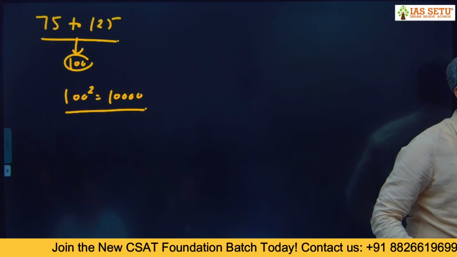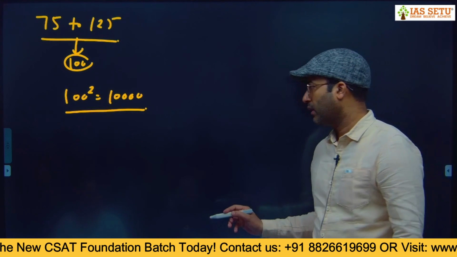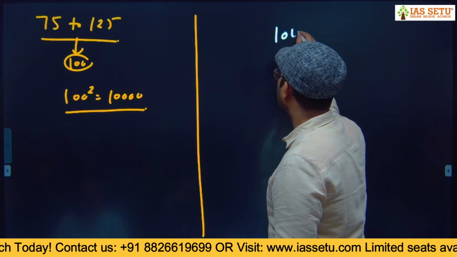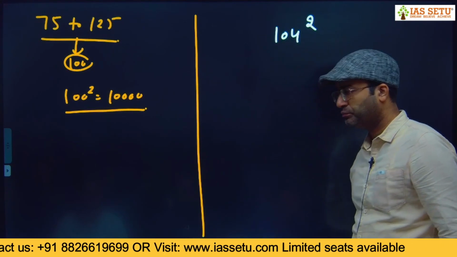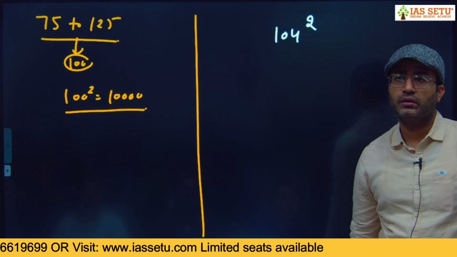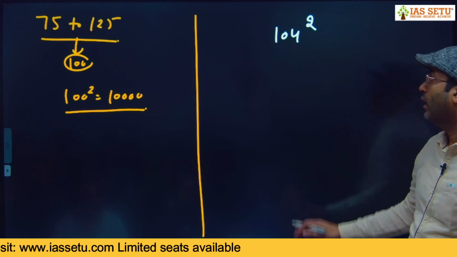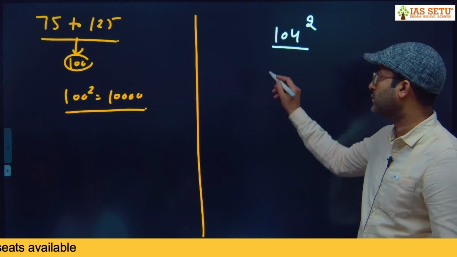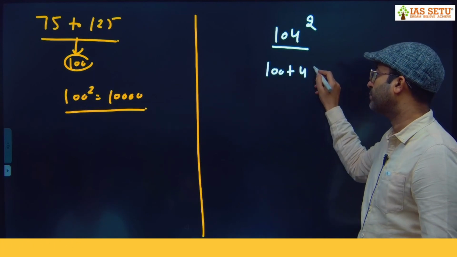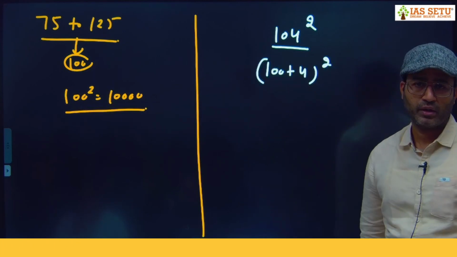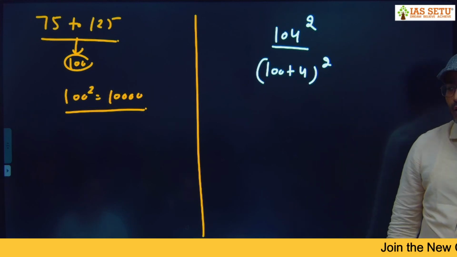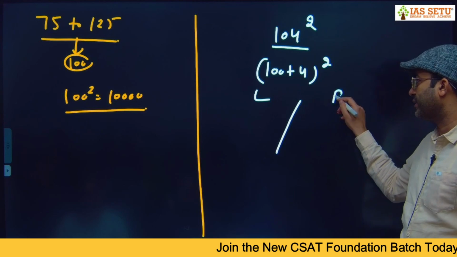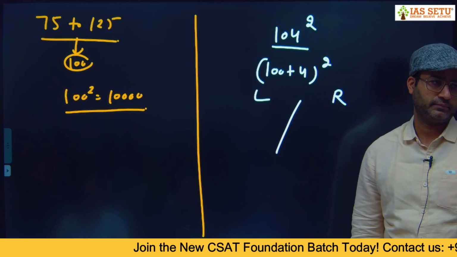Let me take 2-3 values so that you can understand what to do. Like for example, you have to find 104 square. Okay. So we break this value with respect to 100. 100 plus or 100 minus. So now here it is 100 plus. Now next thing is, we divide our solution in two parts, left and right.